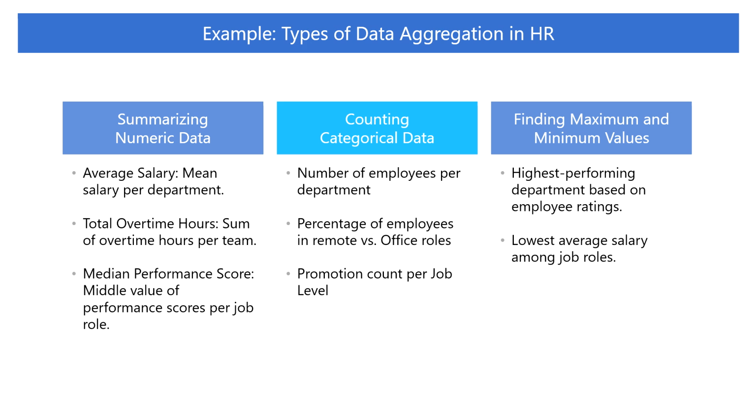Aggregation also helps count occurrences of categorical values such as number of employees per department, percentage of employees in remote versus office roles, and promotion count per job level. Sometimes we need to identify extremes such as highest performing department based on employee ratings and lowest average salary among job roles.